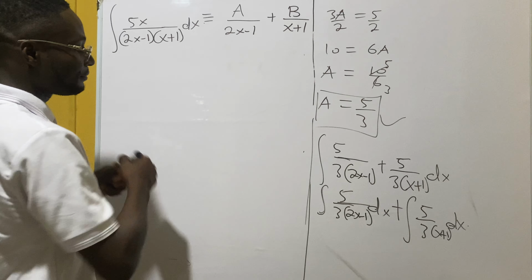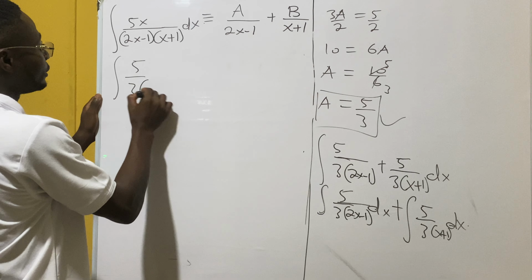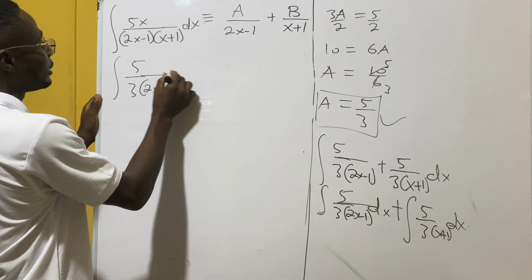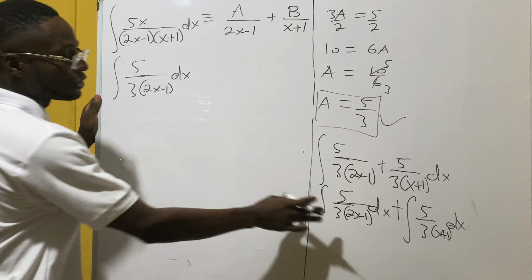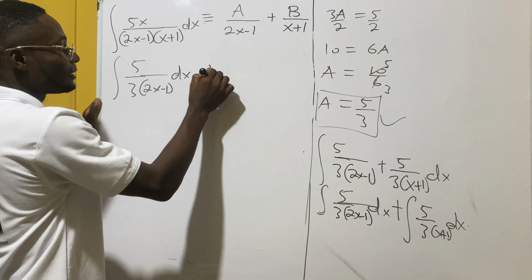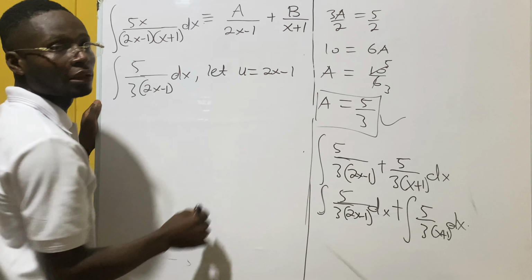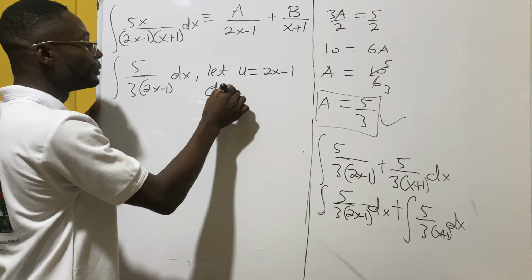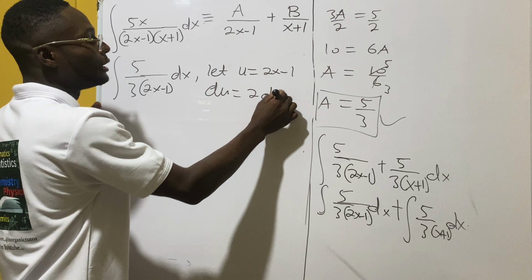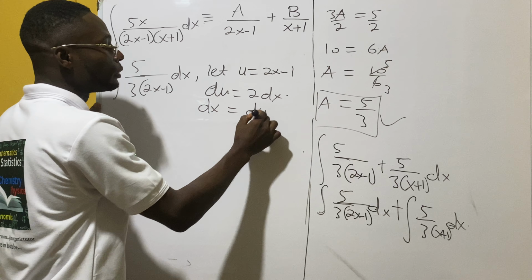So we have the integral of 5 on 3 into 2x minus 1 dx. We are considering the first one. With this, let u equal 2x minus 1. So du is equal to 2 dx, so dx is equal to du on 2.